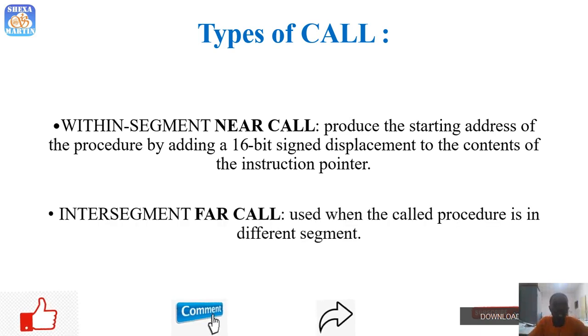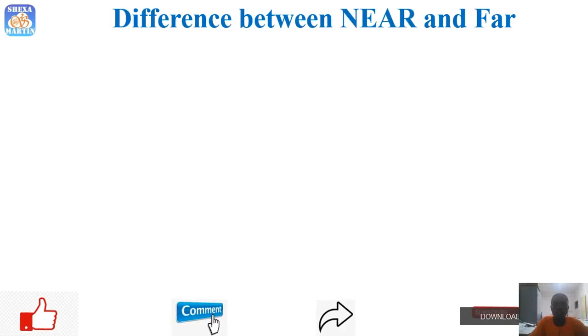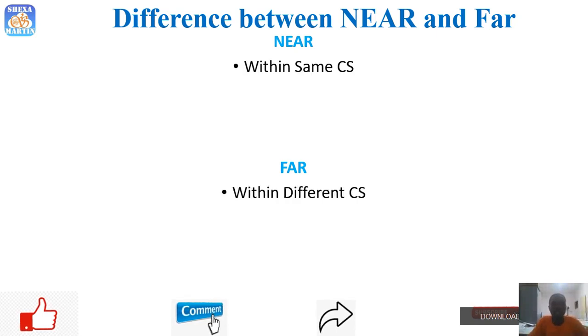We have the inter-segment call, that is called the far call. It's used when the called procedure is in a different segment. So that's the difference between near call and far call. Near call is within the same segment, and far call is within different code segments.